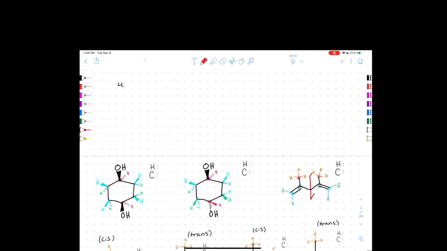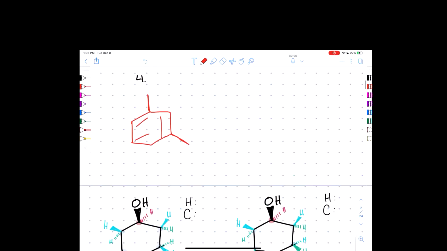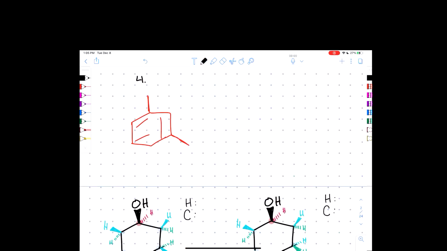So for example, let's say we have this benzene ring to start with, and let's say I have a methyl here and a methyl here. So the two methyl signals, even before that, actually, I'm going to get ahead of myself. So what's the first thing we have to look at for this kind of question? Symmetry.